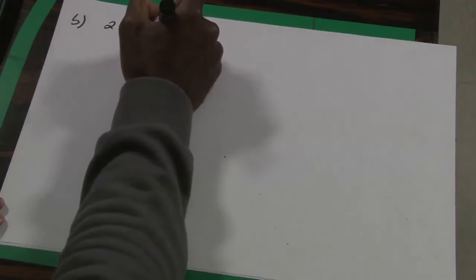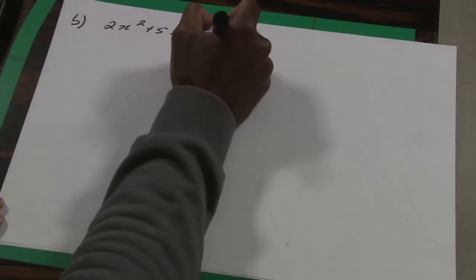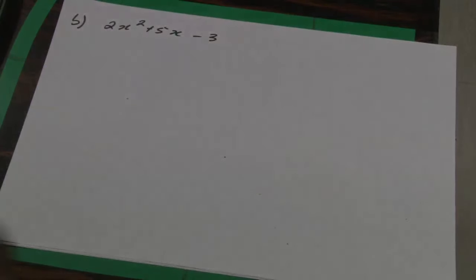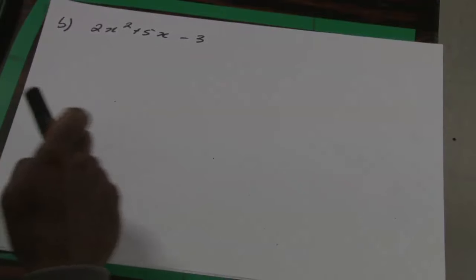In the second example, what we have is 2x squared plus 5x minus 3. These types of algebraic expressions are referred to as quadratic expressions.